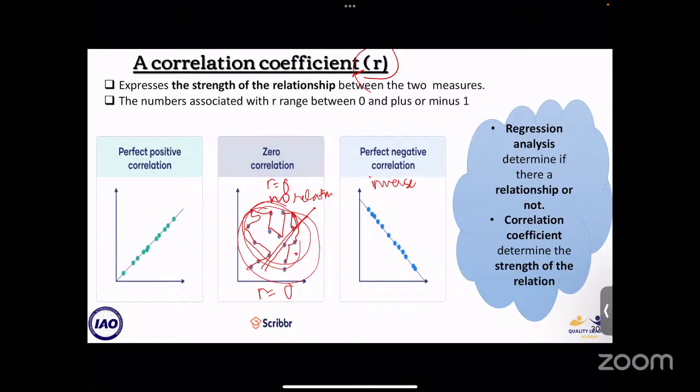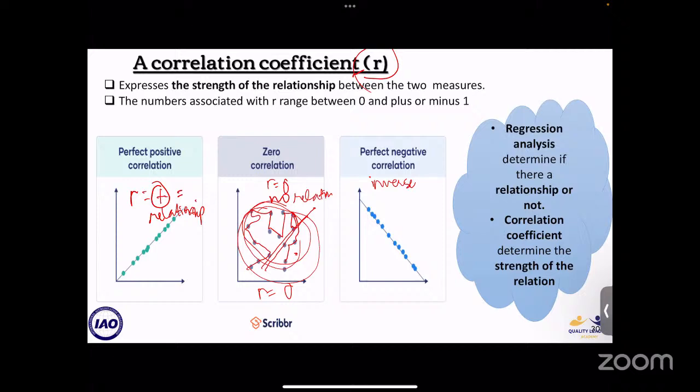But if r becomes a positive number, it means there is a relationship, and this relationship is positive, meaning it's a direct relationship.